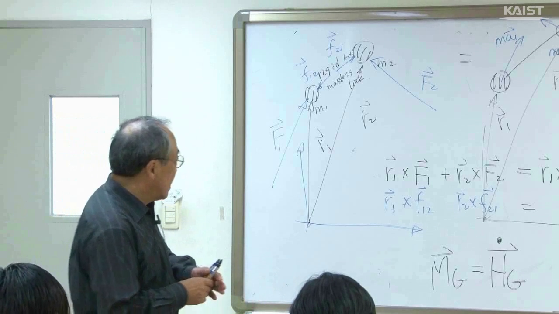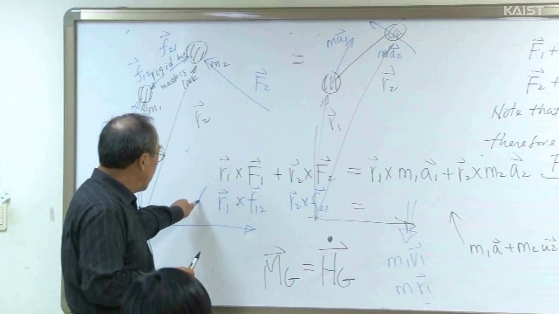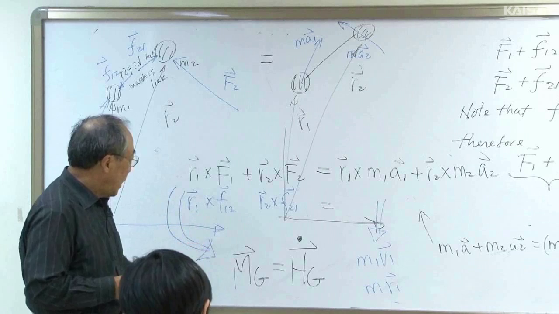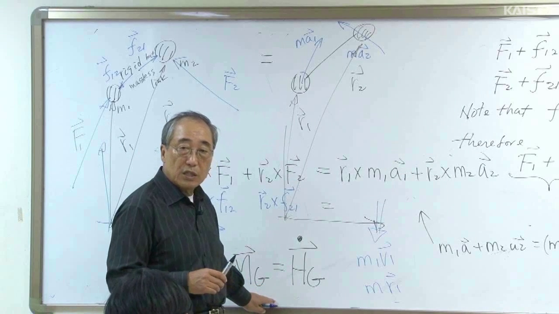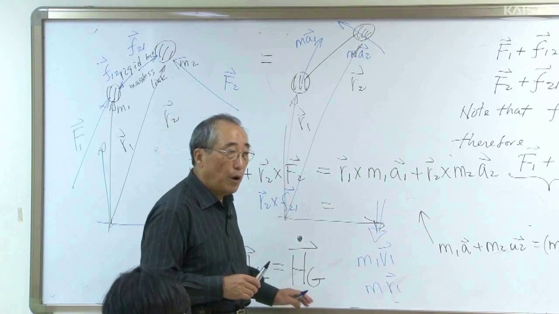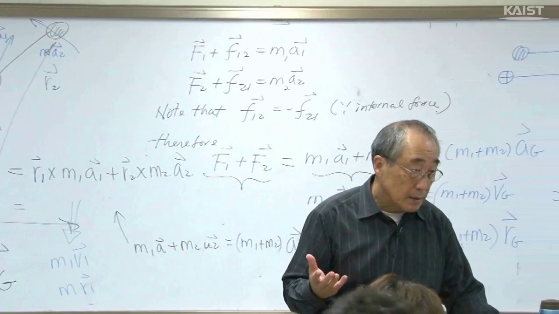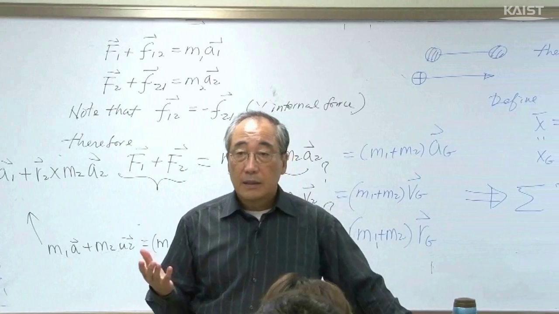So next lecture, I will show how this is related with that, and how we use this rather simple form of rigid body dynamics or system of particles in practice.